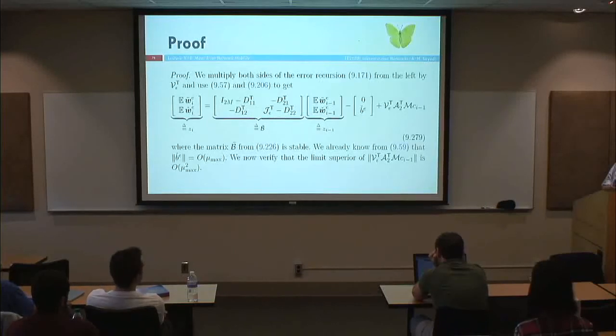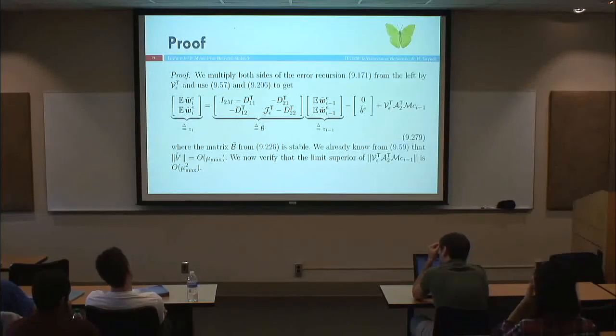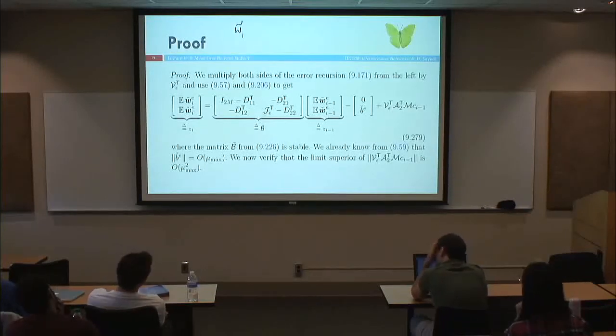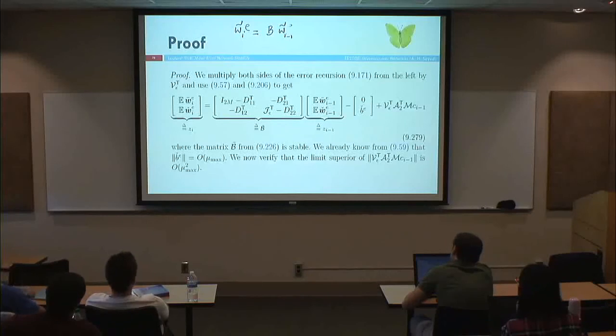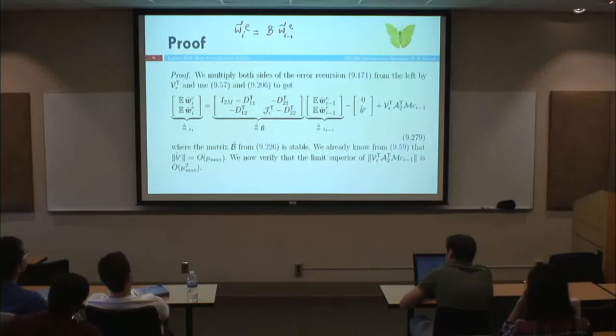So how do we show that? Let me show you how we show that. Remember, what was the recursion? Let me write it here. Constant, what was the other term?